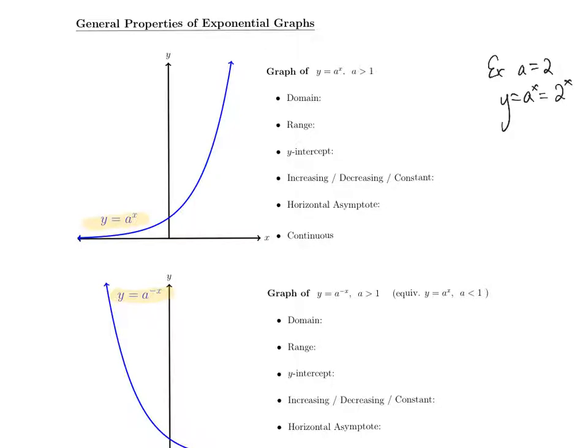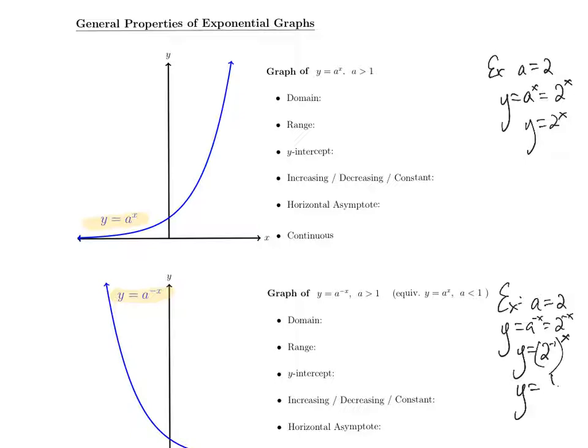So we end up with y equals 2 to the x. And if we choose a is 2 for this one, then we have y equals a to the negative x, which is 2 to the negative x, which is actually the same thing as 2 to the negative 1 to the x, which is the same thing as 1/2 to the x.